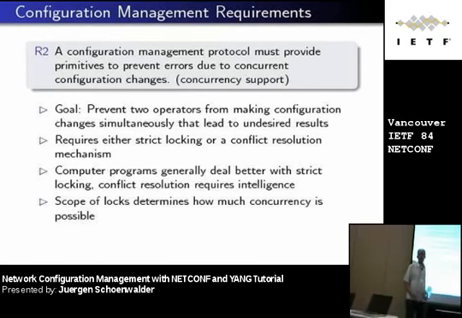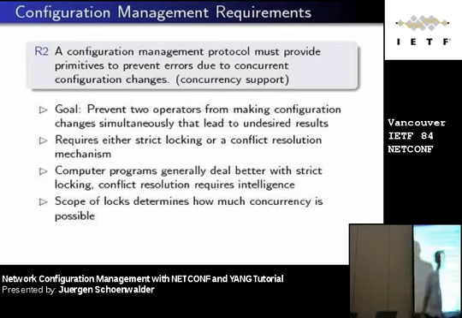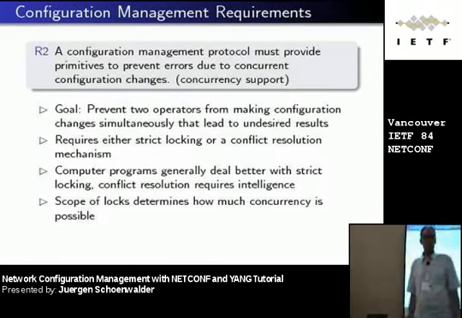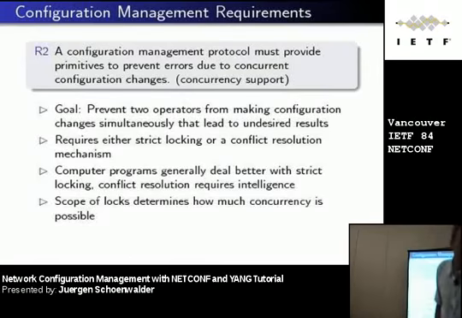And so you have to be careful to support that properly. Even if a box is just touched by humans, you have to make sure that those humans coordinate somehow. Right? It's not useful if someone does an IP renumbering and someone else does a different IP renumbering. That's usually not going to work out very well. So very simple: there needs to be some concurrency support in the protocol.